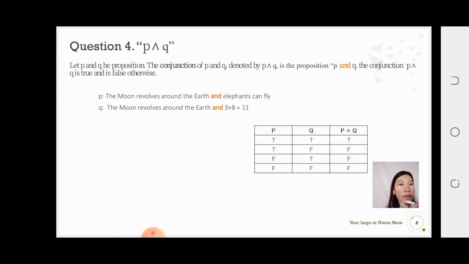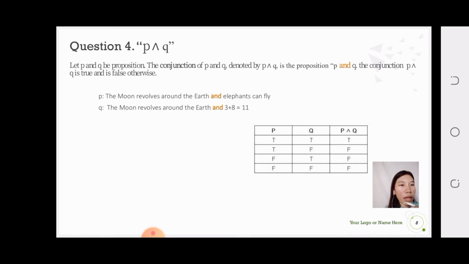And then it's also and elephants can fly, which is false. So what is compared here in the second column of the truth table is true and false. The true here is the moon revolving around the earth, and the false here is elephants can fly.